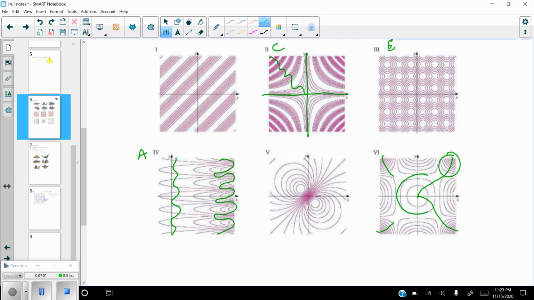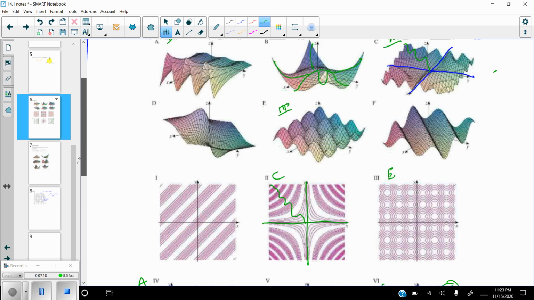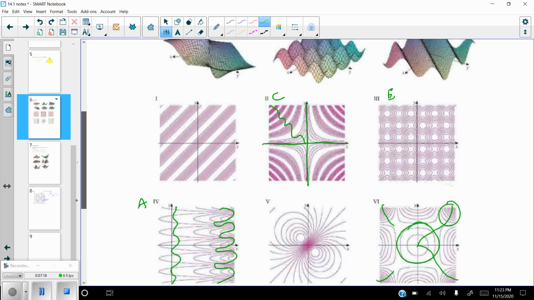The change here is very gradual because you can see the massive distance in between the contours. So the closer the value, the closer those contour lines or curves in this case are, the steeper it's going to get, the faster. So I said that 6 was B, I think.